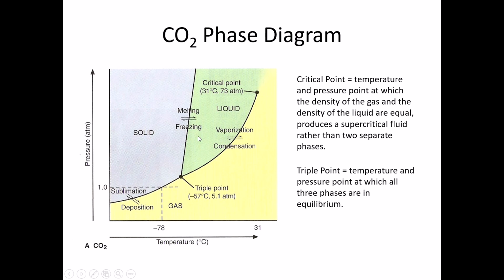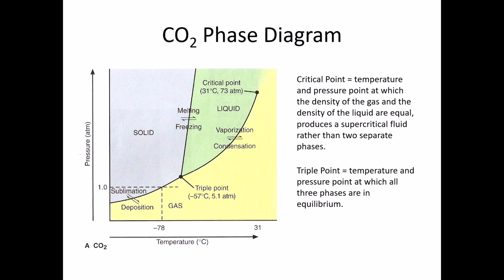So this green area is the liquid. And if you notice where the triple point is, the pressure has to be greater than 5.1 atmospheres in order to get the liquid phase, which really doesn't happen in our normal everyday lives because that's 5 times the normal atmospheric pressure. So this would only happen in a pressurized canister.